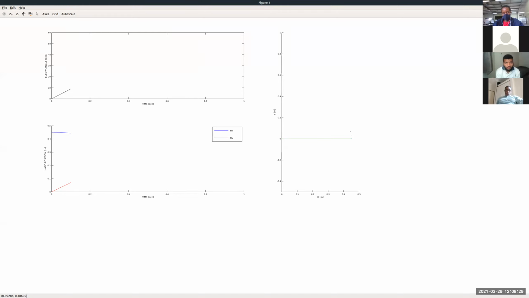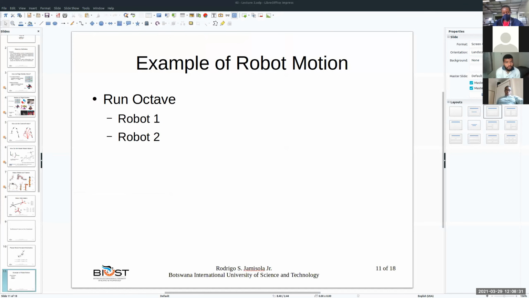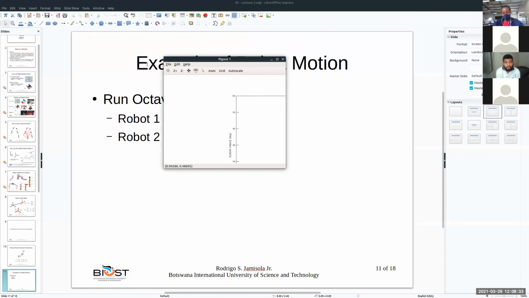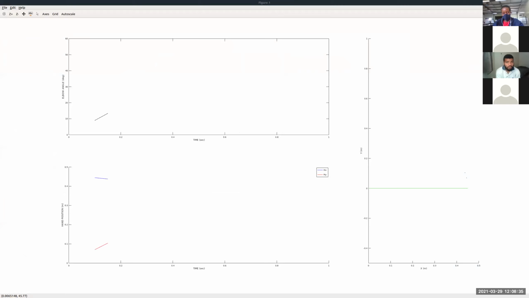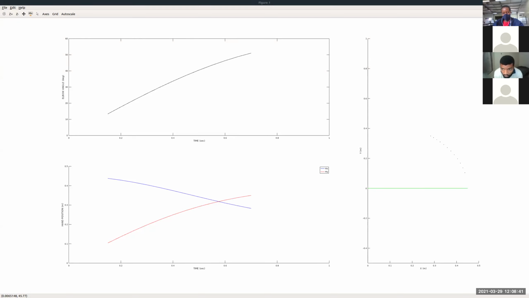So now let's do it incrementally. So move. Continue moving until it reaches. Okay, let me do it one more time. So in your exercise, you're going to do this.